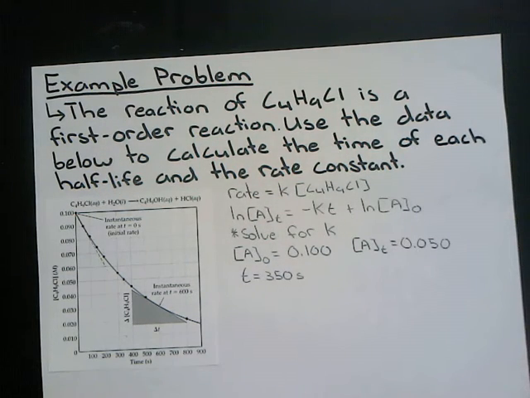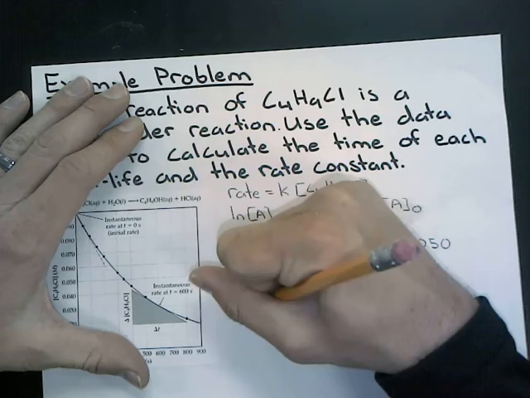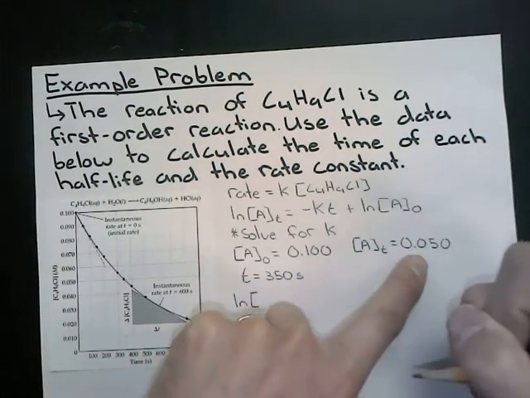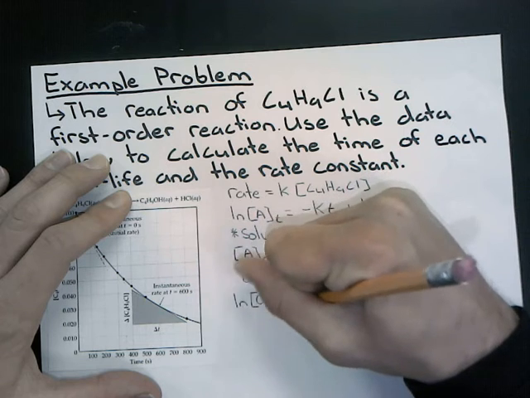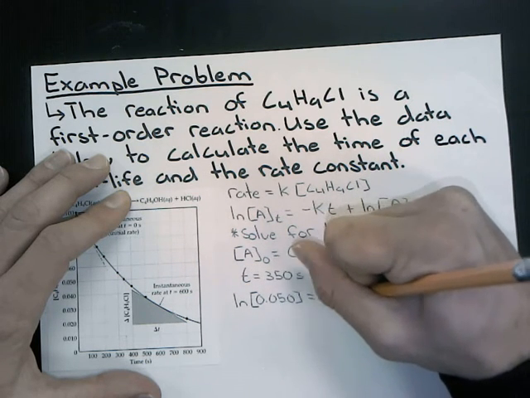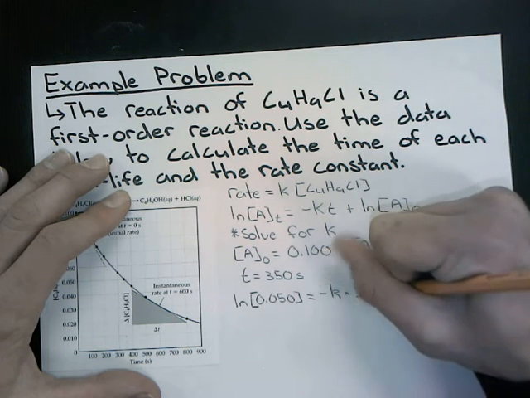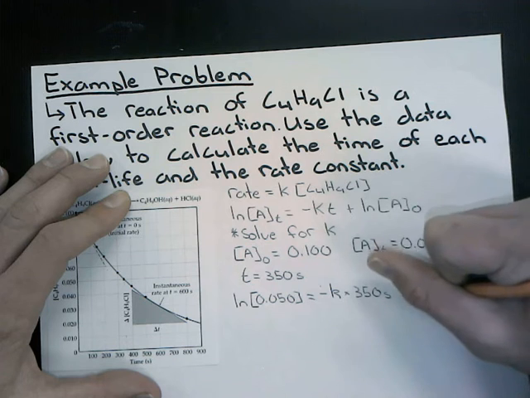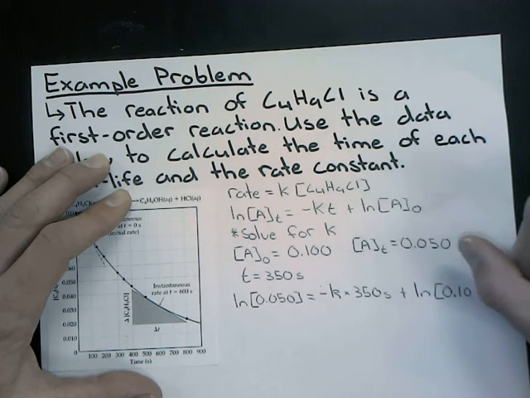Now, what we need to do is solve for K. So we'll put in this. The natural log of our concentration at the specific time, 0.050, is equal to our negative K, we don't know what it is, times our time, which is 350 seconds, plus the natural log of what we initially started with, which was 0.100.